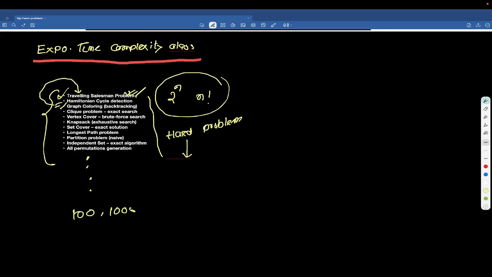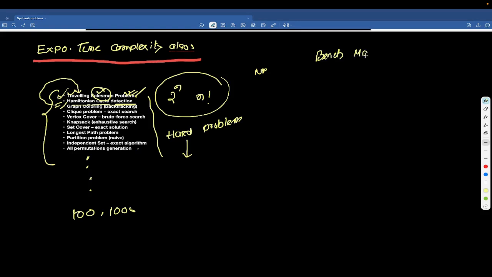So if now I have a solution for the traveling salesman problem, and I can relate the Hamiltonian cycle detection problem to the traveling salesman problem, then since traveling salesman has an NP non-polynomial algorithm, we assume that Hamiltonian cycle detection also has a non-polynomial algorithm.